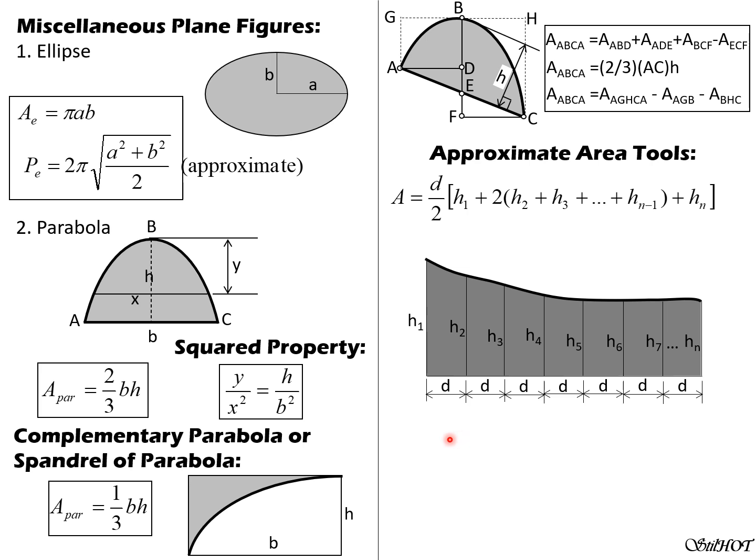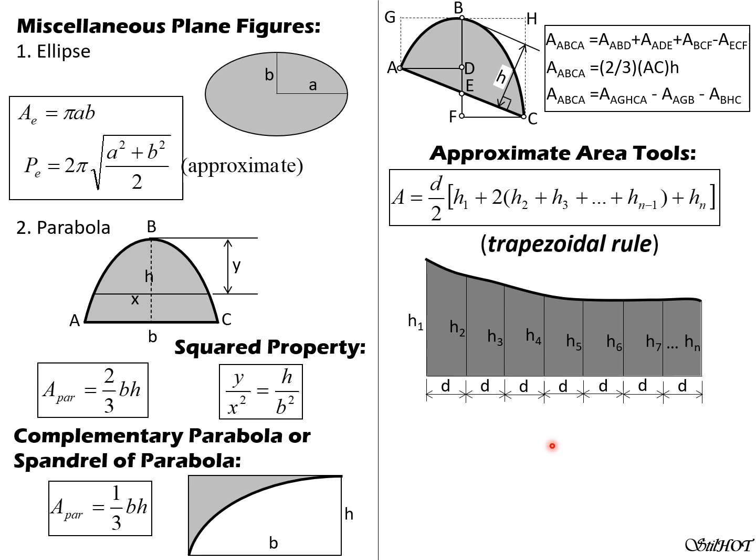When n is even, the last part is treated as a trapezoid. So this is more accurate. The formula therefore would be d over 3 quantity h1 plus 2 times summation of odd offsets plus 4 times summation of even offsets. We can also derive this formula if you want, but you just memorize.